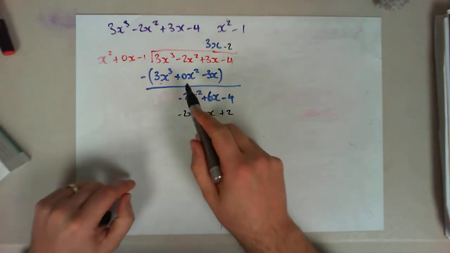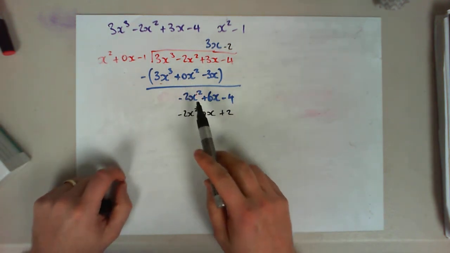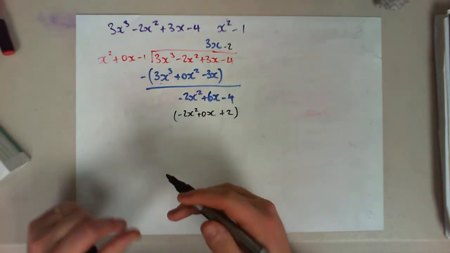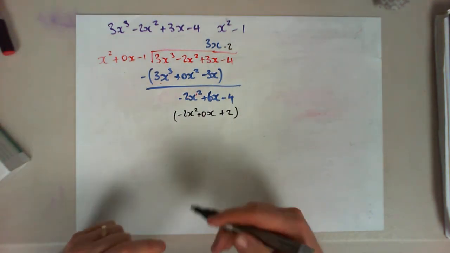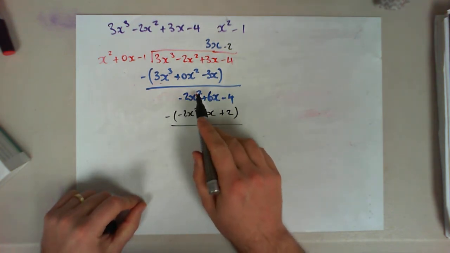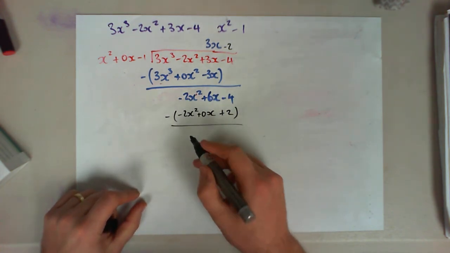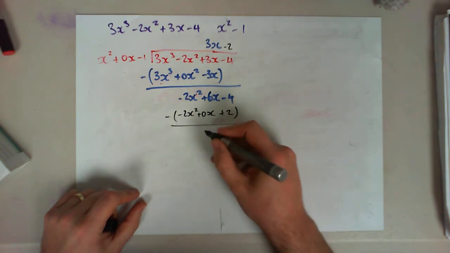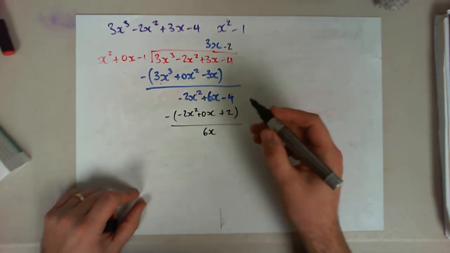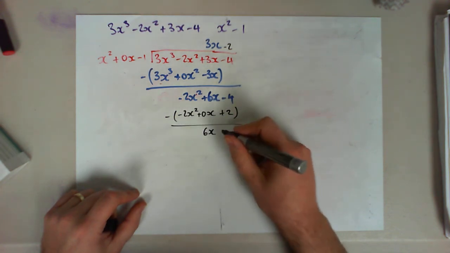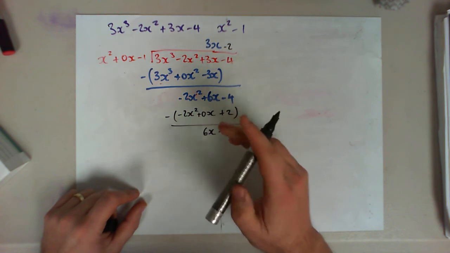So notice I'm still putting in every term, even if it's 0. It just keeps things set out properly. Make sure that we've got everything lined up. So bracket, bracket, take away, line underneath. Negative 2x squared, take negative 2x squared is 0, that's the whole point. 6x take 0 is 6x. And then we've got negative 4 take 2 will be negative 6.